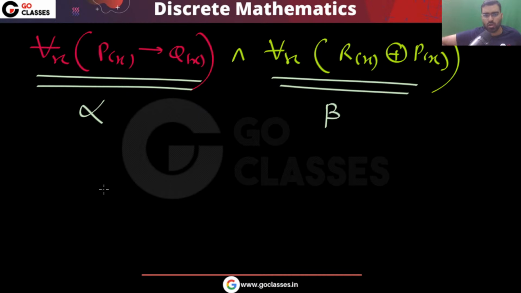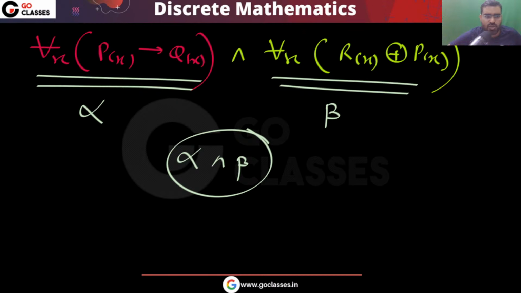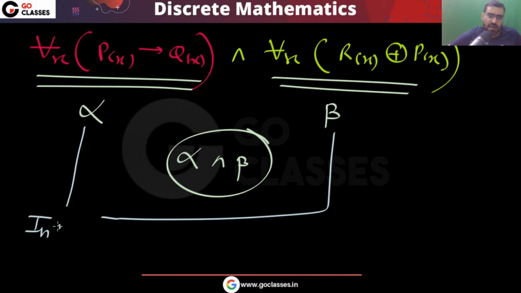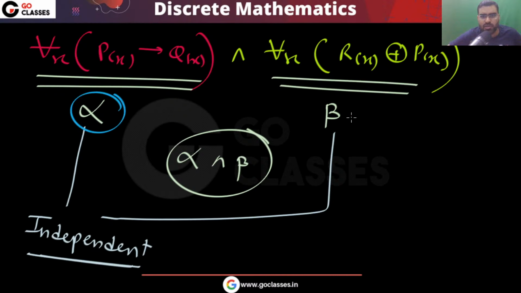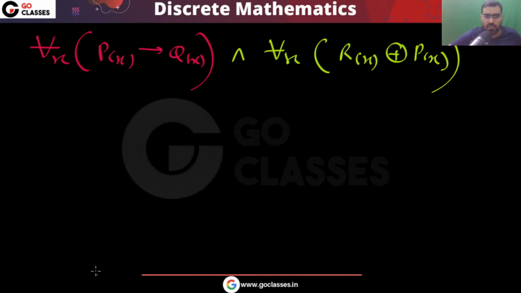So it is basically nothing but alpha and beta. They are completely independent of each other. Please understand, this alpha and this beta are completely independent. So you can solve this alpha separately, you can solve this beta separately, and then you can find the answer. So this is the point of scope.